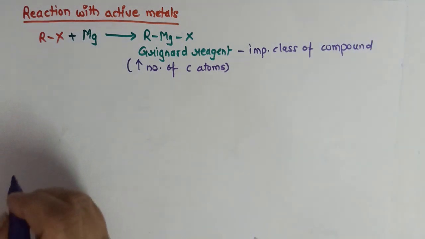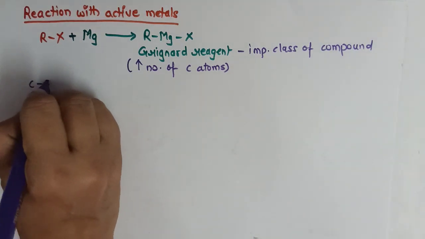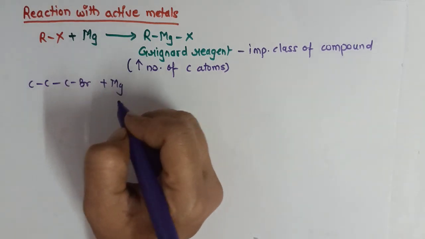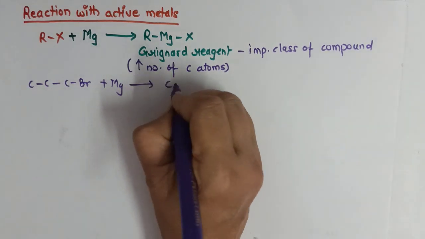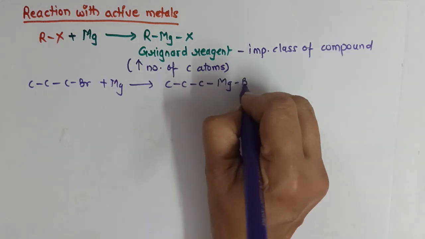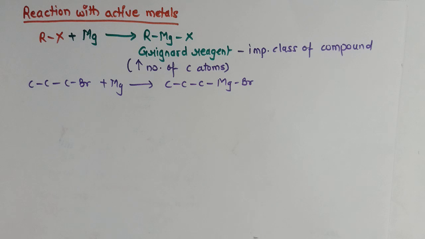Let us take an example of bromoethane. When it is treated with active metal like magnesium, we will get Grignard reagent. Okay. Now what you have to remember about Grignard reagent? Two things.